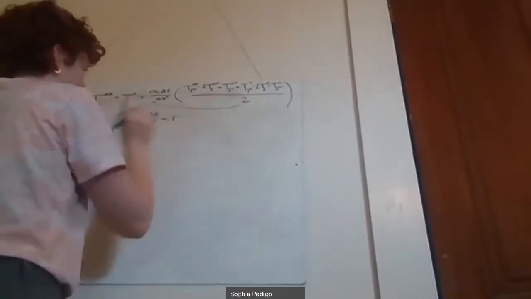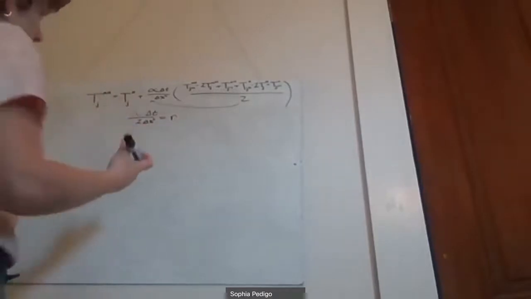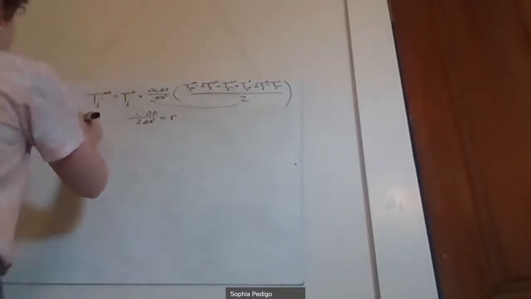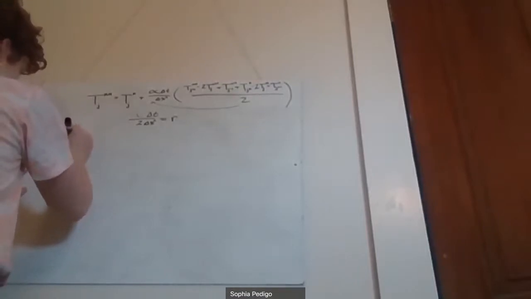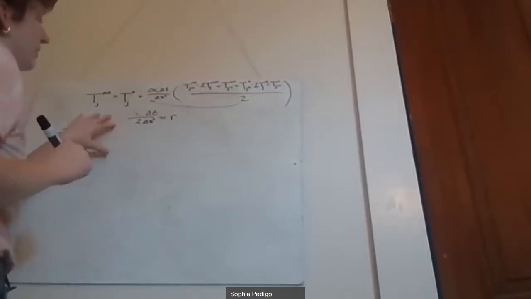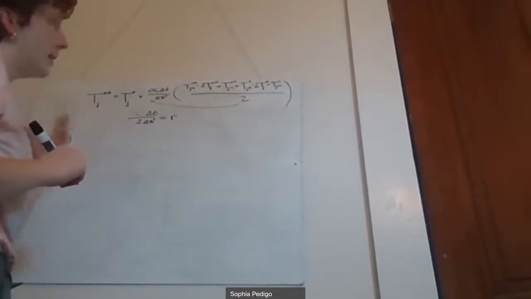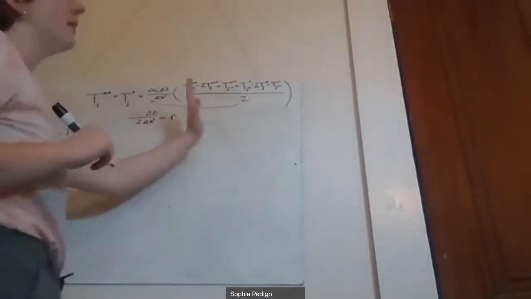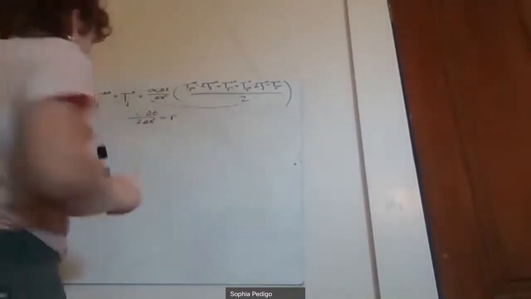This is just going to be equal to R there. I just want to make that very clear so when you see me writing R, it's not super confusing. But anyway, let's get into it here. And again, I'm just grouping the temperature profile terms at time n plus 1 on the left side, and the temperature profile terms at time n on the right-hand side.